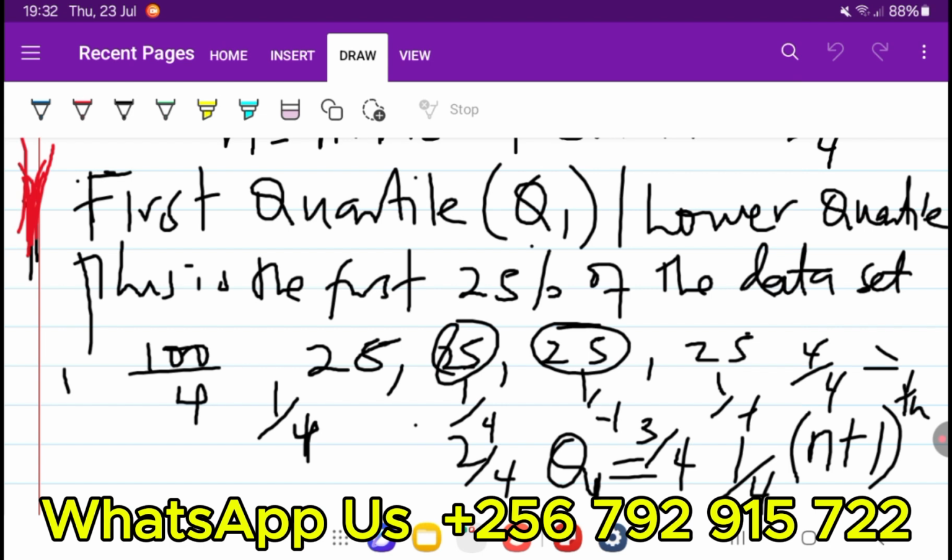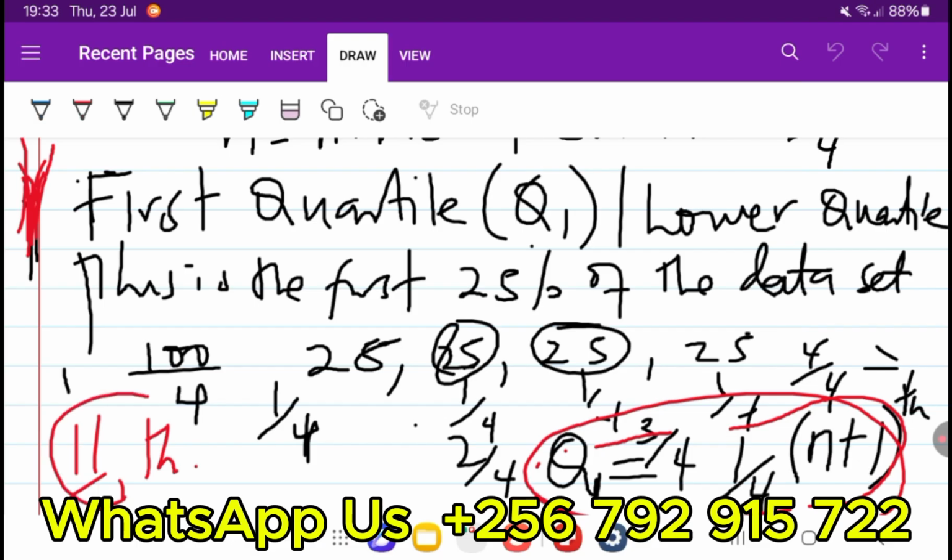The third step is to put the n into this formula. If it is 10, then it will be 11 over 4, and whatever you get is the position where that value lies. 11 divided by 4 will be like 3 point something.